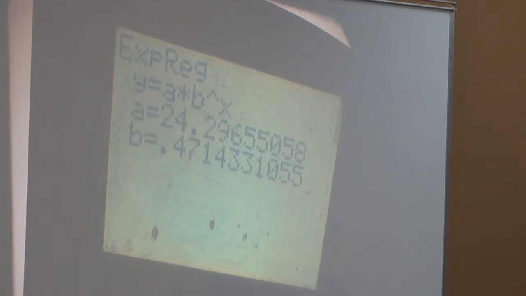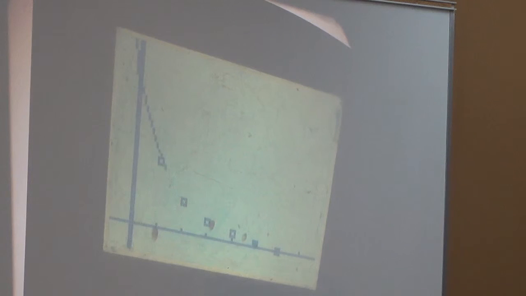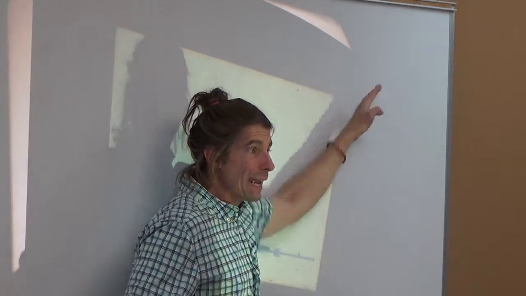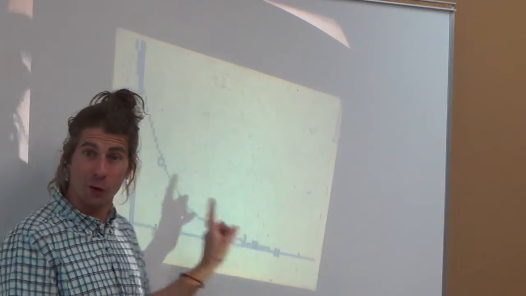Hey, graph! Let's see how it looks. And what doesn't it do that the cubic and the quadratic did? Right, well it doesn't hit 0. Nice, thank you. It also doesn't rocket back up. It keeps getting closer and closer to 0 the further out it goes.